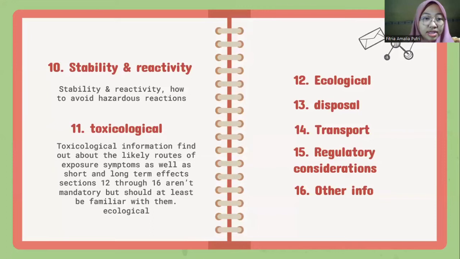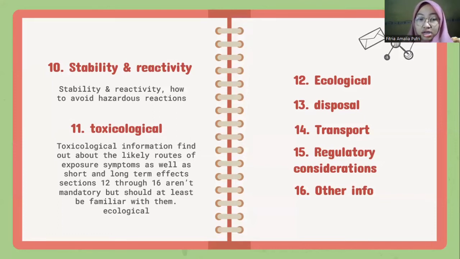Section 10 is stability and reactivity, how to avoid hazardous reactions. Section 11 is toxicological information, to find out about the likely routes of exposure as well as short and long-term effects.